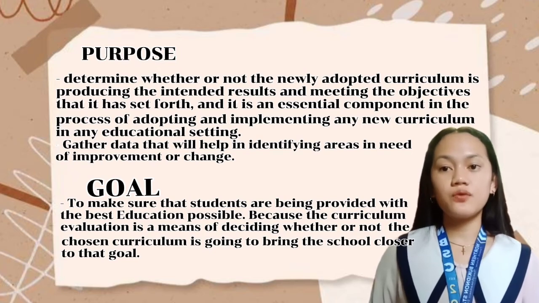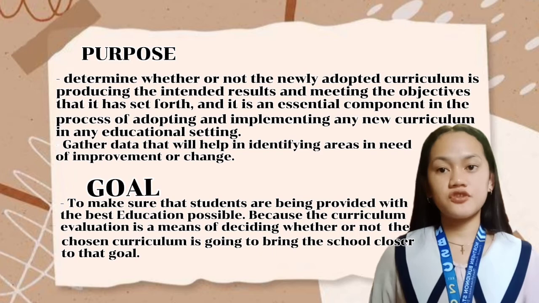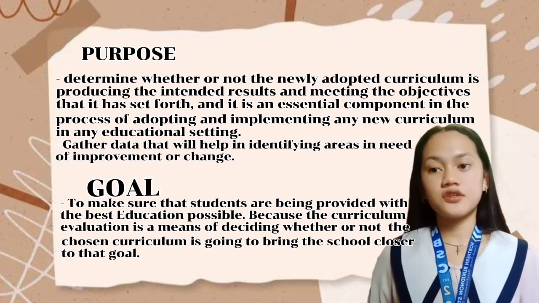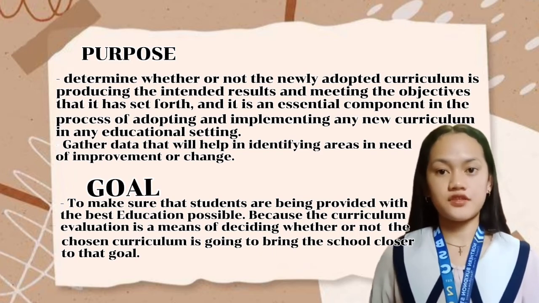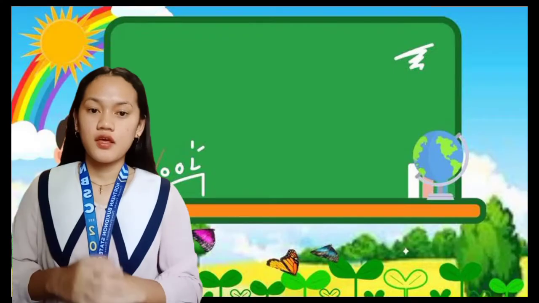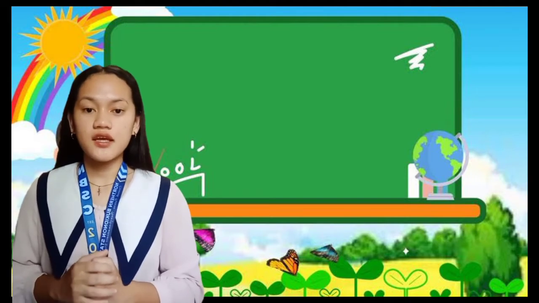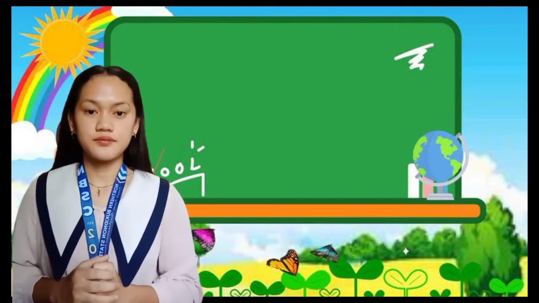Its goal is always to make sure that students are being provided with the best education possible. Because the curriculum is a huge part of this, curriculum evaluation is a means of deciding whether or not the chosen curriculum is going to bring the school closer to that goal. Here are some of the models of curriculum evaluation that I am going to discuss today.